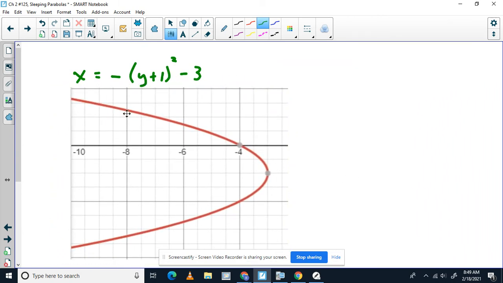So if I look here at the vertex, it is now at, let's see, here's negative 4. So here's negative 5. So it looks like negative 3. And these are worth a half as well, negative 1. Notice also this one is now opening to the left.